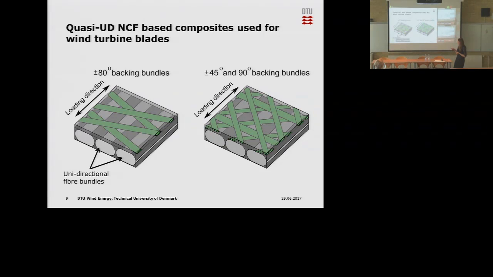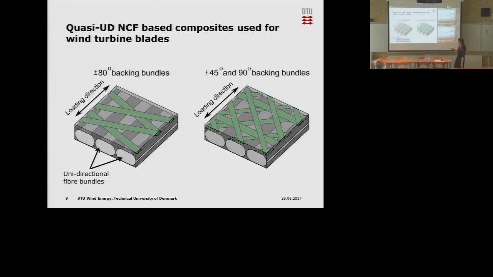So I've shown two examples of these types of composites. There's one where we have the unidirectional fiber bundles that carry the load. They're thicker than these thin layers of off-axis fiber bundles that are present. And these fiber bundles are actually just present to keep the unidirectional fiber bundles aligned, because they have to be stitched to something during manufacturing to form this fabric structure.